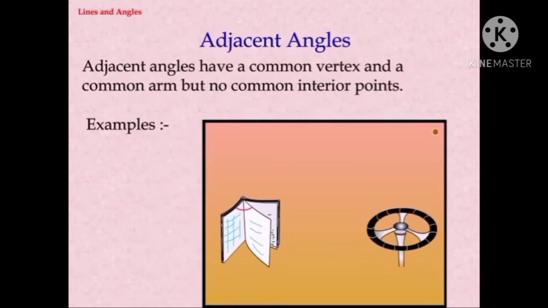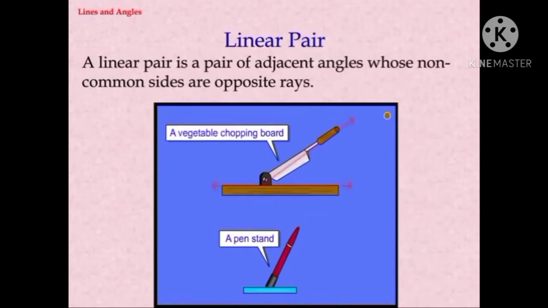Adjacent angle. Adjacent angles have a common vertex and common arm but no common interior points. Linear pair.